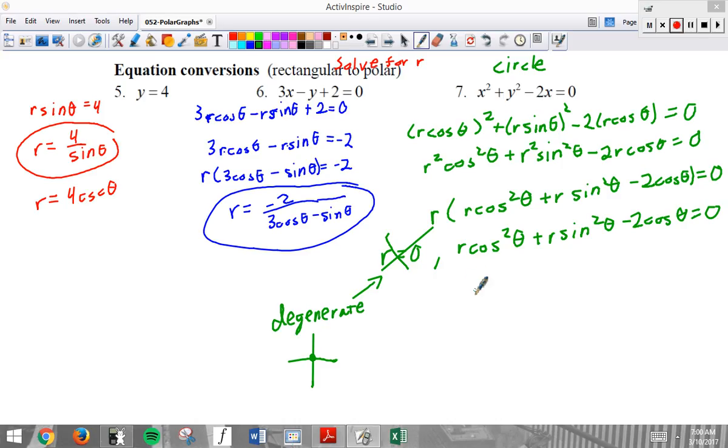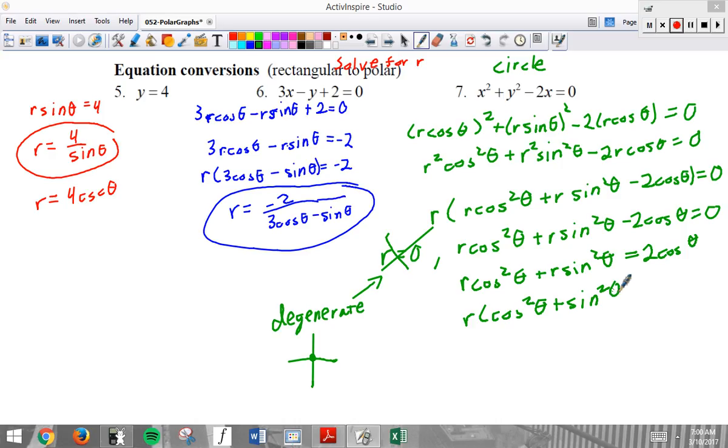Now, you're all going to hate me when I show you the real way to do this. Plus r sine squared theta equals 2 cos, r times cosine squared theta plus sine squared theta.